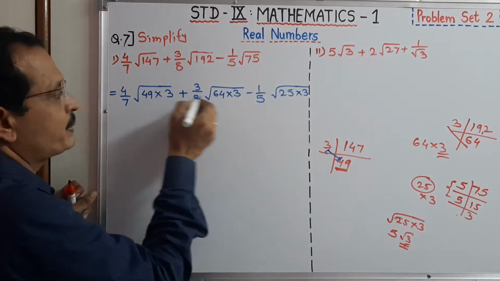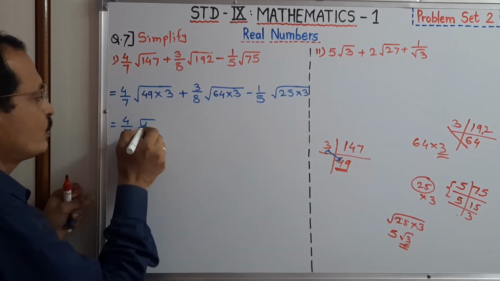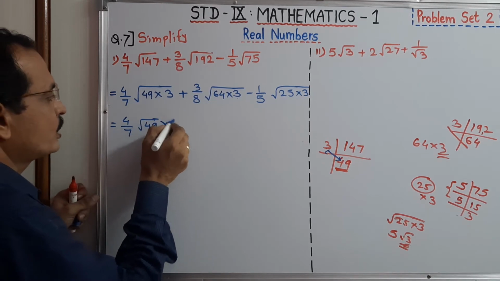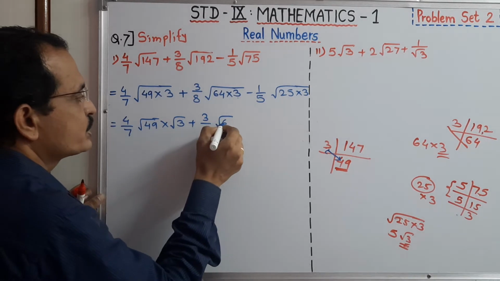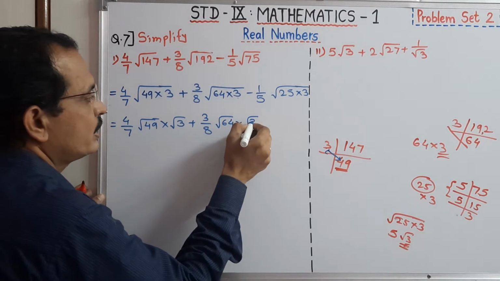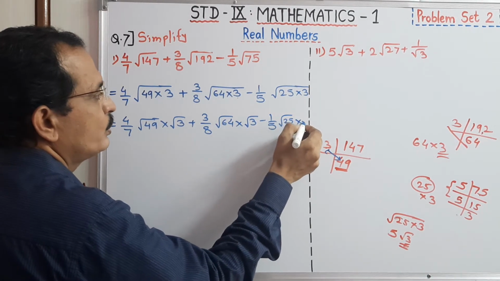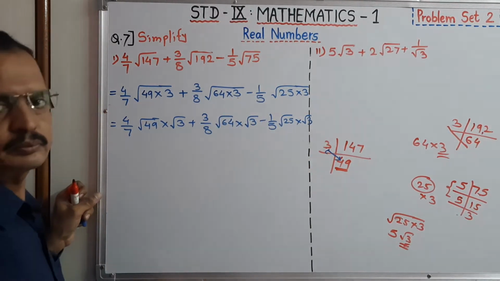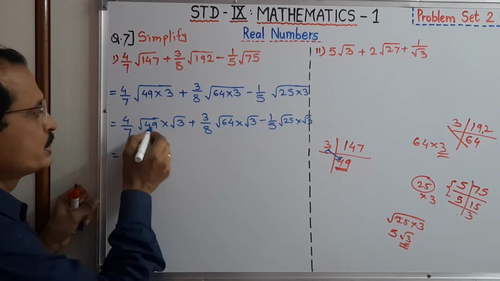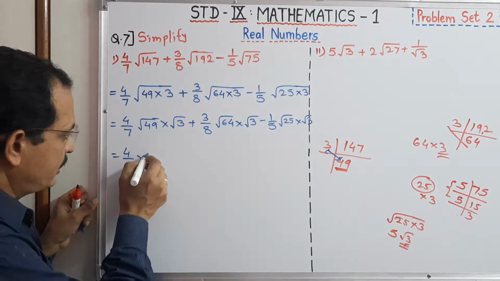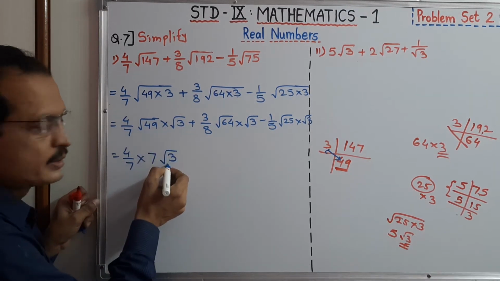This is a perfect square and this is also a perfect square. So 4 upon 7 root 49 into root 3 plus 3 upon 8 root 64 into root 3 minus 1 upon 5 root 25 into root 3. Dear student, 4 upon 7 into the square root of 49 is 4 root 3. This root 3 is as it is.